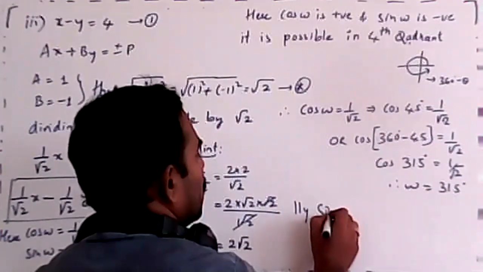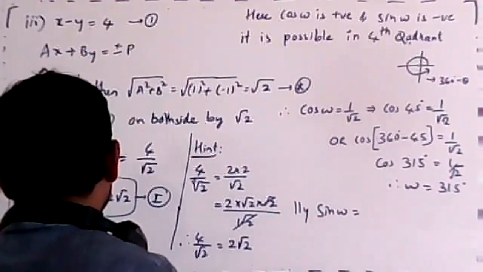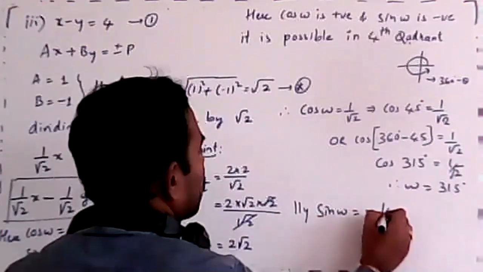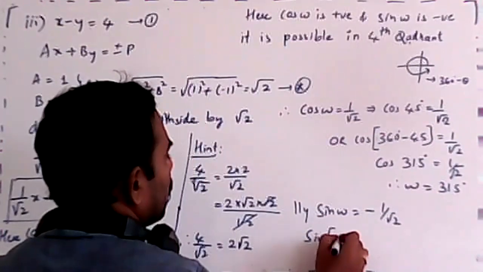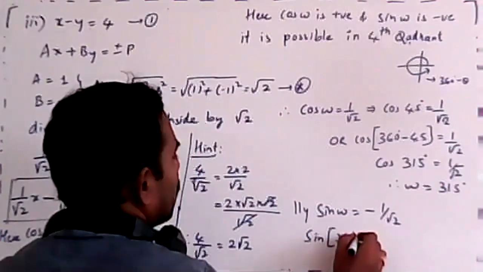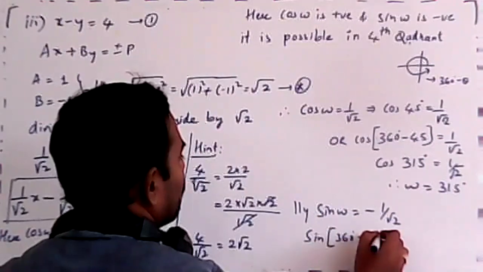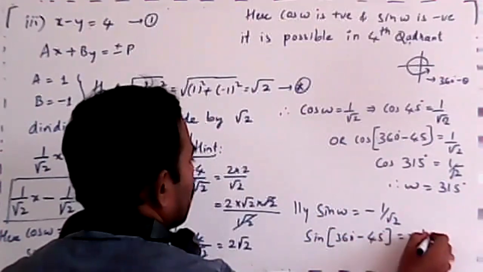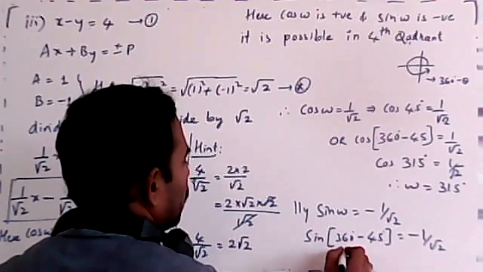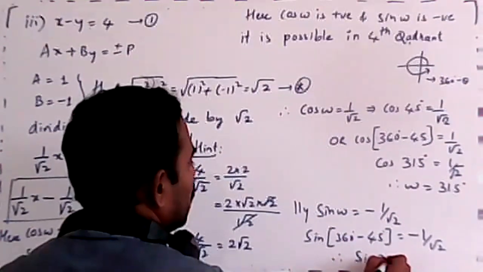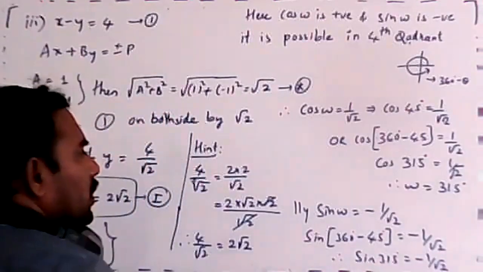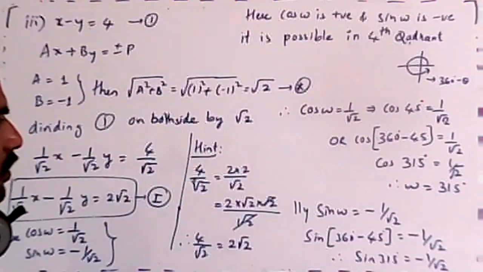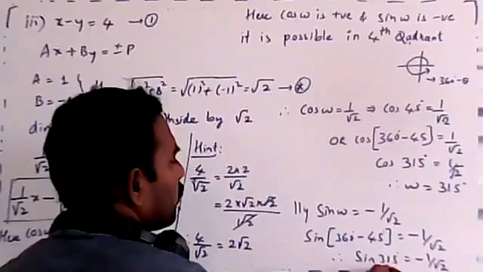Similarly, sine omega they have given minus 1 by root 2. Correct? This I can write as sine 360 degree minus 45 degree, nothing but minus 1 by root 2. Therefore, sine 315 degree is also equal to minus 1 by root 2. Now clearly we understood omega is 315.